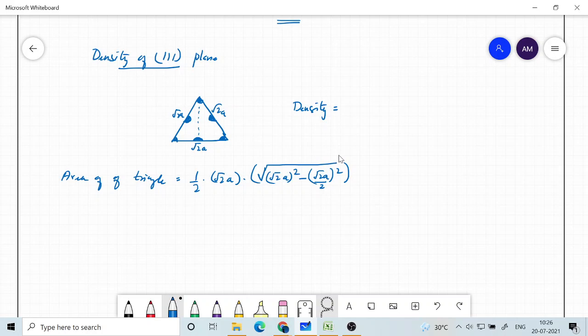Okay, so that is basically half into root 2a, so I can write it as a by root 2, and here I can take a outside, so it will become a square, and inside I will have 2 minus, so root 2 by 2 is 1 by root 2, square is 1 by 2.